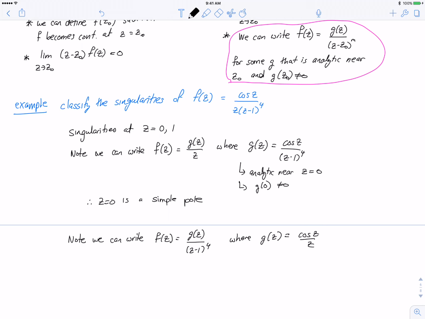Now notice that g is still analytic near z equals 1, because the only place it's not analytic is z equals 0, and g of 1 does not equal 0, because cos of 1 does not equal 0. So again, by that same definition, z equals 1 is a pole of order 4.